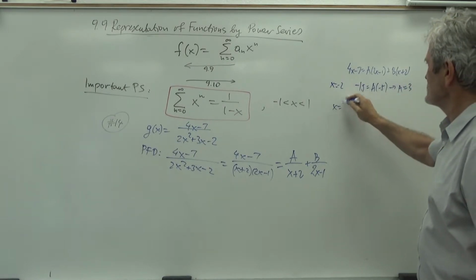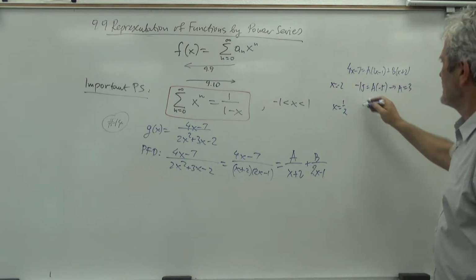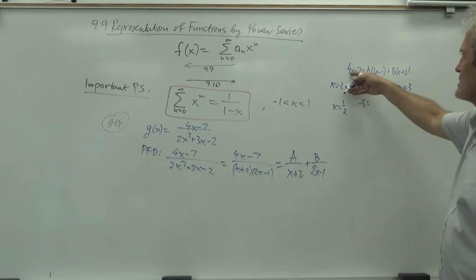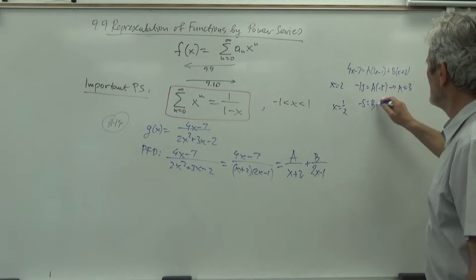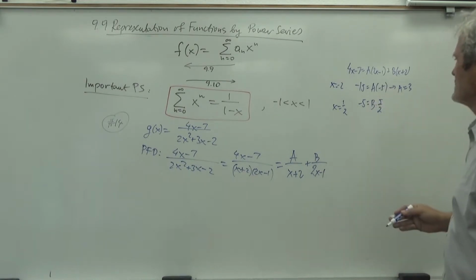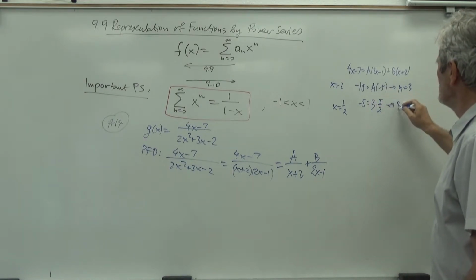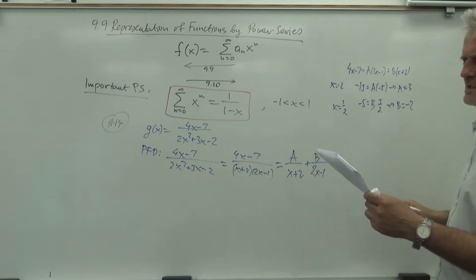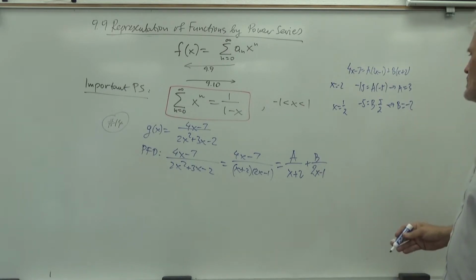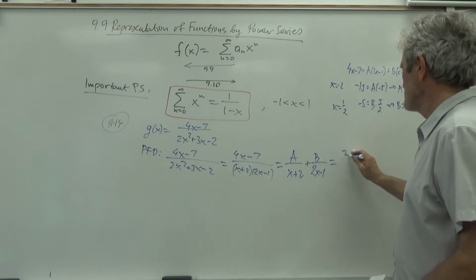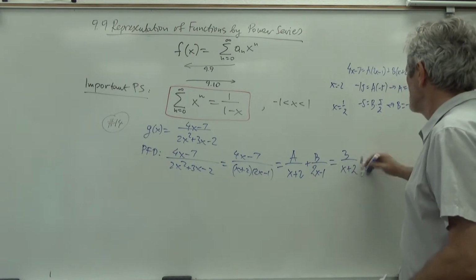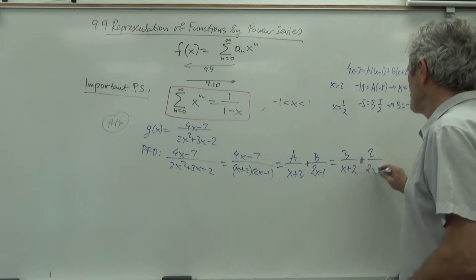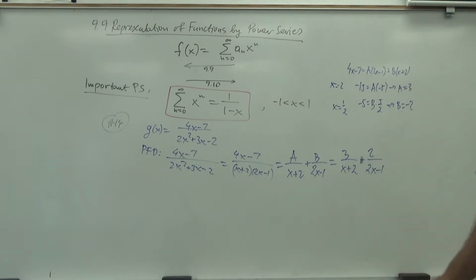If I put x to be 1/2, then I get negative 5, because it's 2 minus 7, equals b times 5 halves. So b is negative 2. Let me check it. Yes, 3 and negative 2. So generally it's 3 over (x plus 2) minus 2 over (2x minus 1).